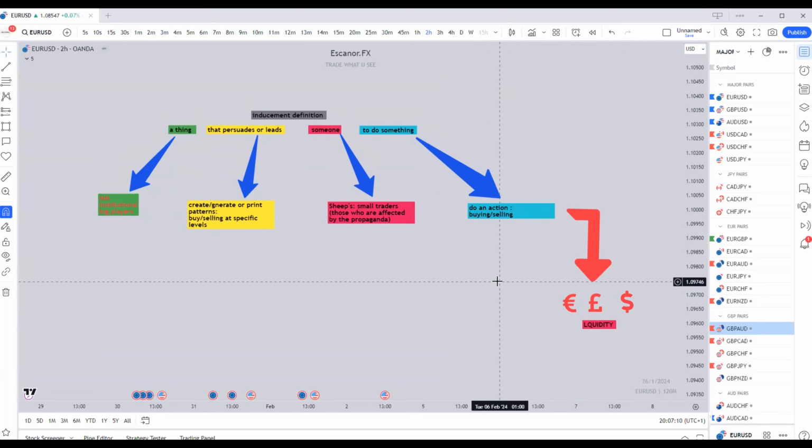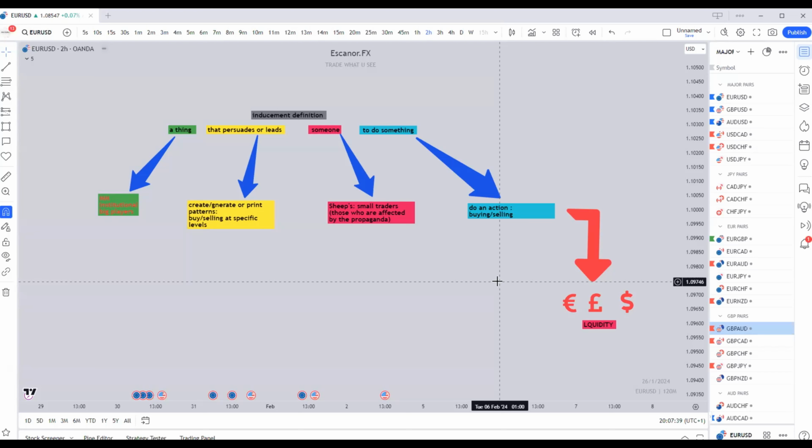So we can say that every kind of liquidity is actually inducement. But in this video, we're going to talk about some very important points of inducement where price moves very, very fast. I will avoid talking about classic liquidity like trend lines, equal highs, equal lows, and channels.